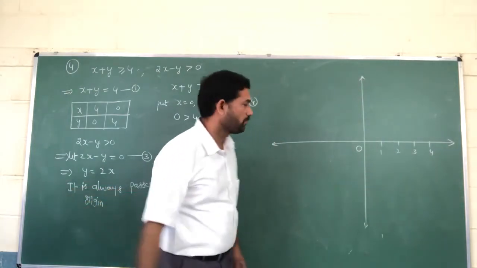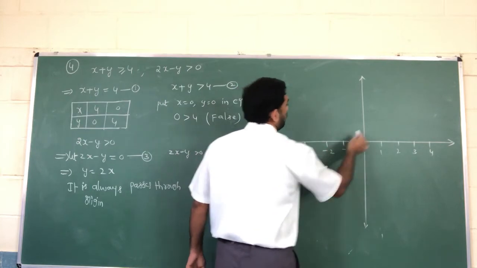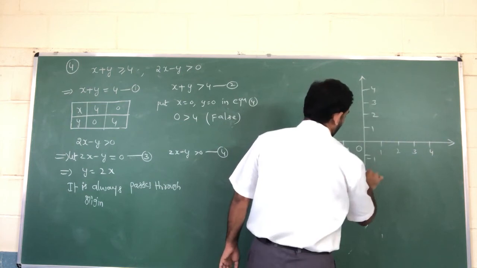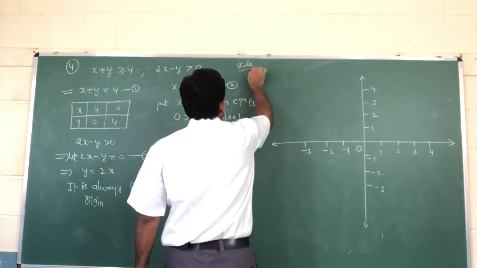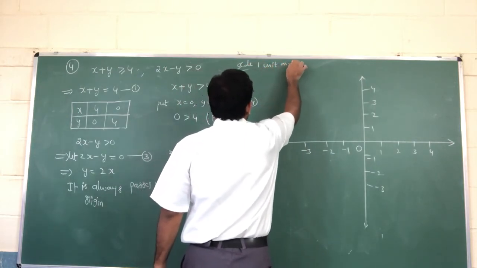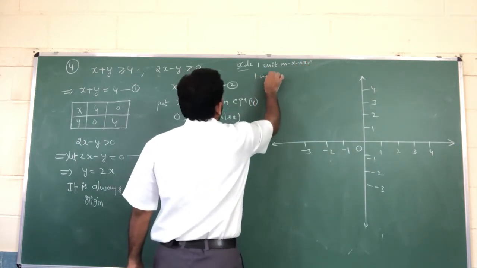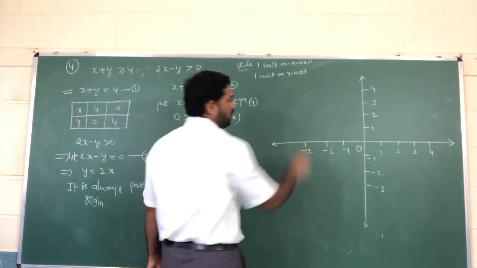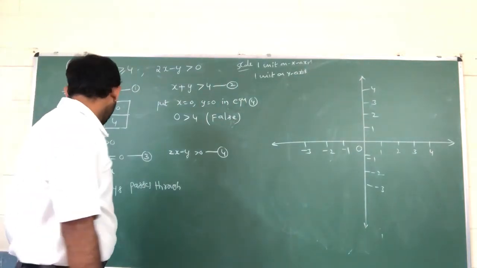Then minus 1, minus 2, minus 3, and 1, 2, 3, 4 on the other axis. Keep the scale the same: 1 unit on the x-axis, 1 unit on the y-axis. Note down. Next one.